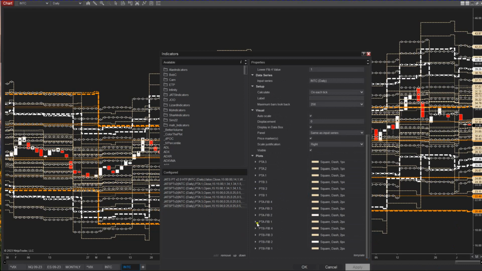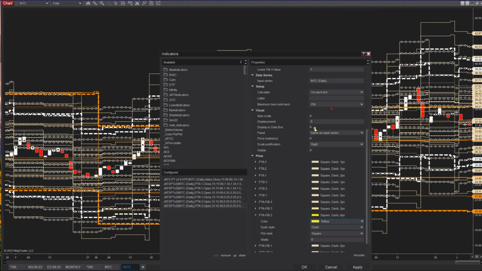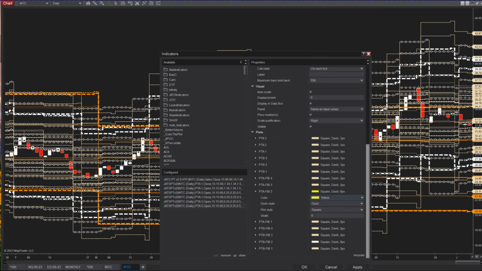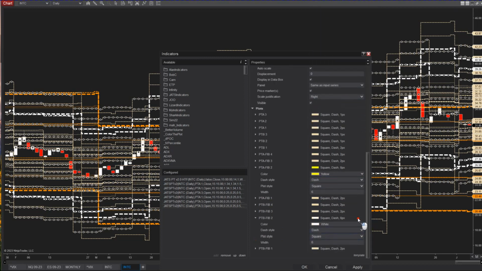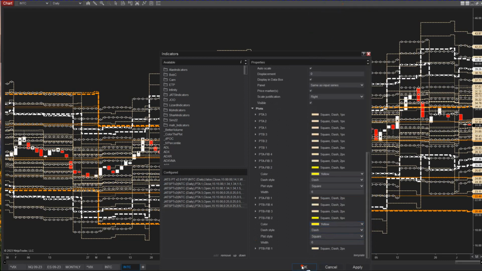So let me make this yellow, and PTBT2, make it yellow. So here's your 8-day.